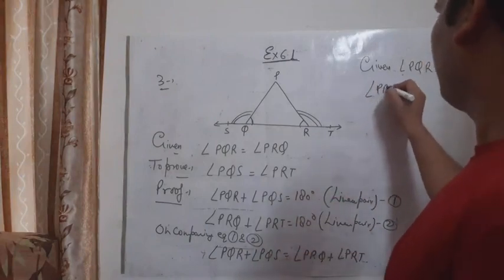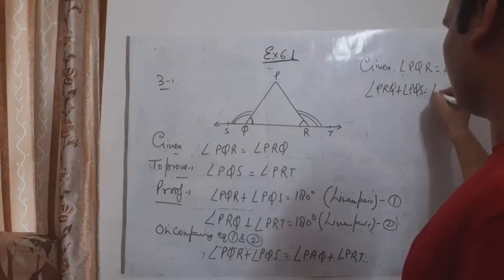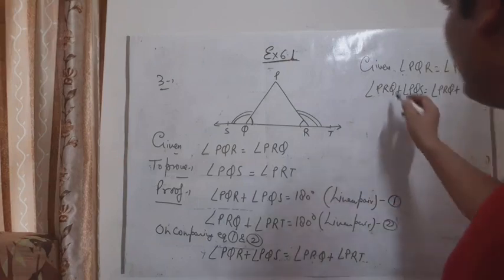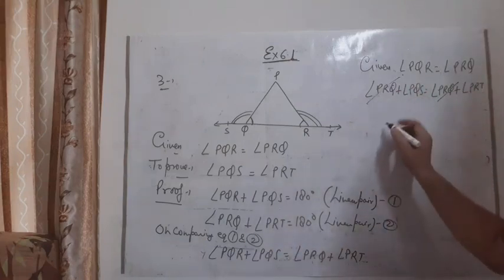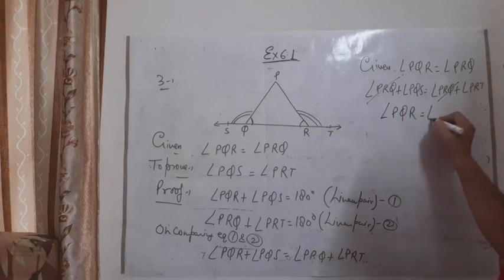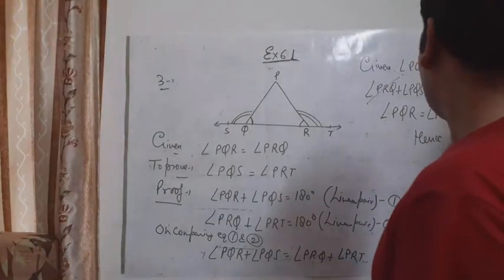Angle PRQ plus angle PQS is equal to angle PRQ plus angle PRT. देखिए PRQ is cancelled out, so what is left here? Angle PQS is equal to angle PRT. At last we will write hence proved.